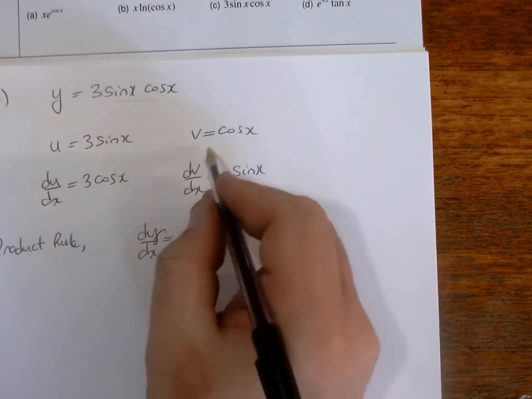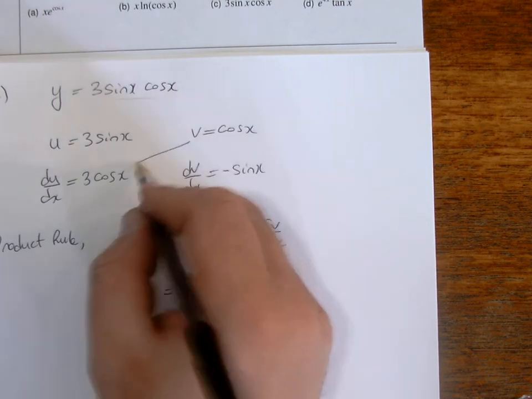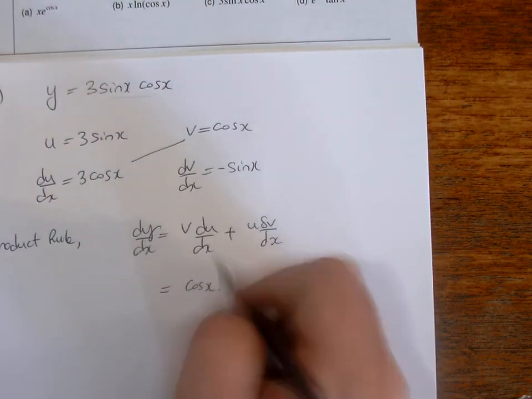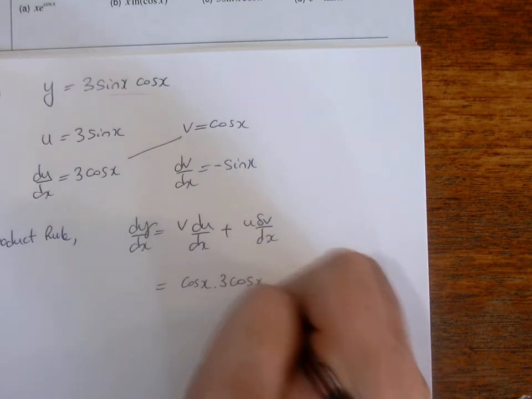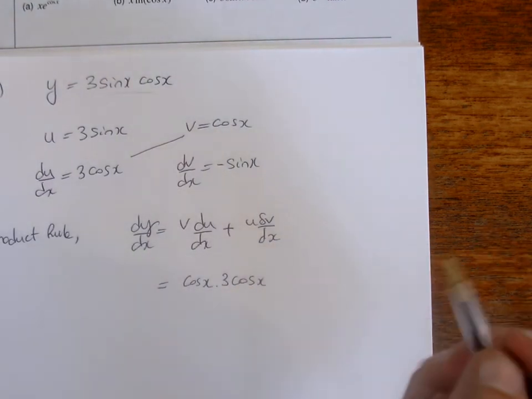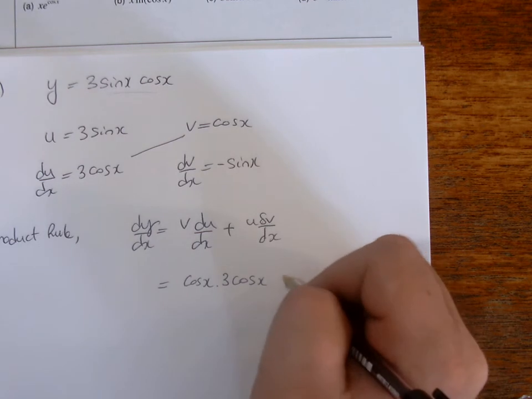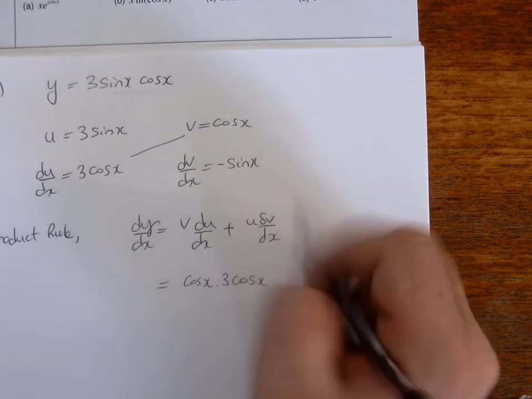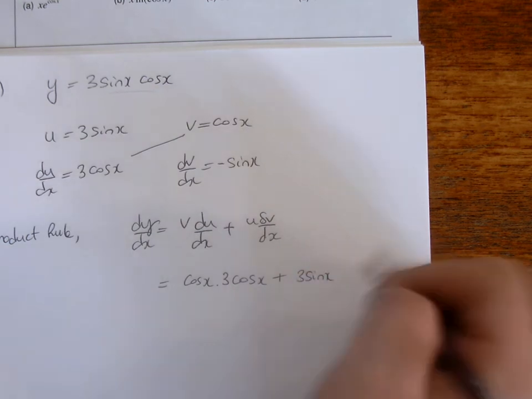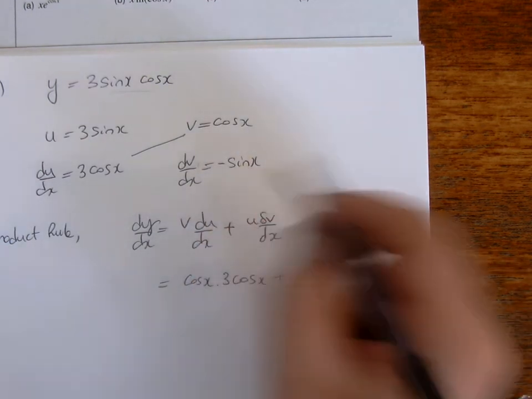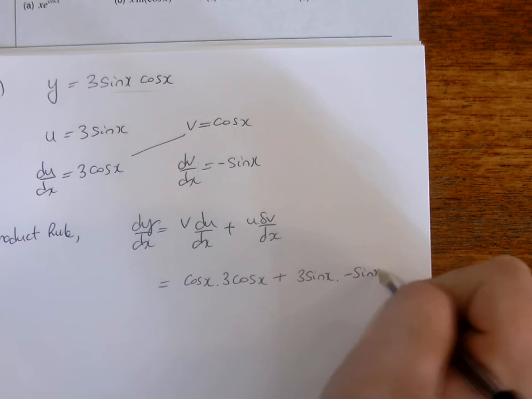So we get v, which is cos x, times du/dx, which is 3 cos x. And then we've got plus u, which is 3 sine x, times dv/dx, which is minus sine x.